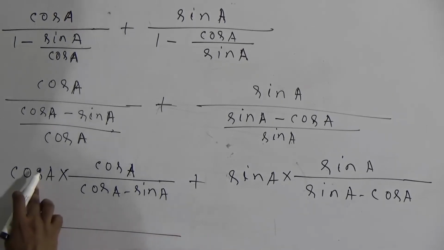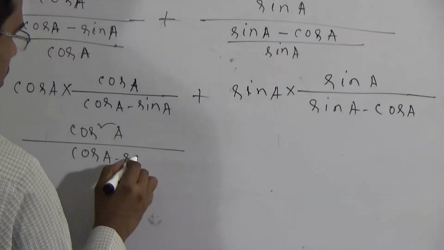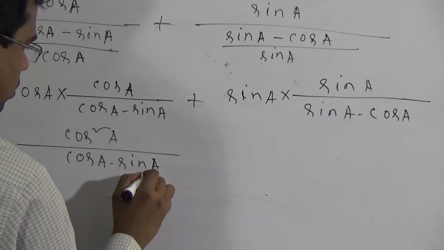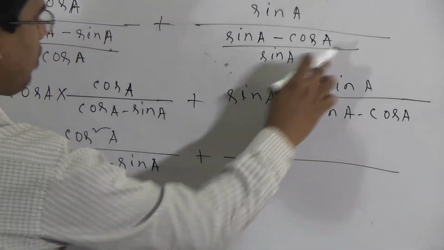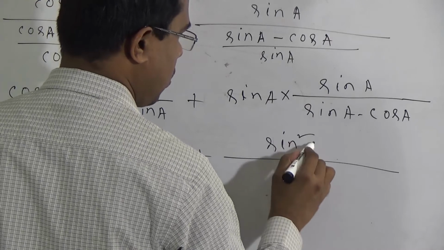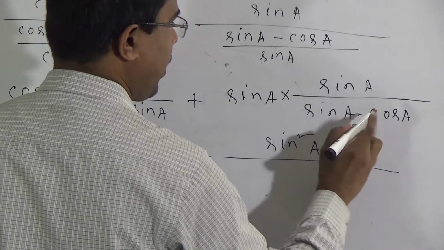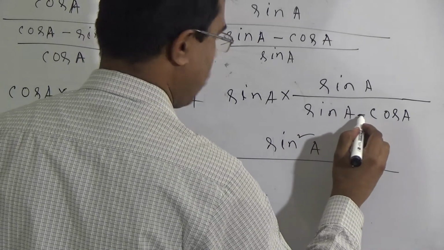Now, if we multiply cos A with cos A, then it will be cos square A. Cos square A. And in denominators cos A minus sin A come. Plus, here sin A multiplication sin A, this is equal to sin square A. Now sin A minus cos A. Here cos A minus sin A exists, but here sin A minus cos A exists.